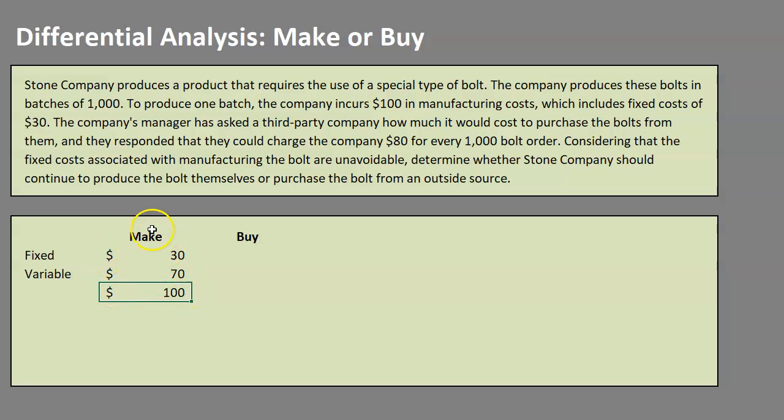Now, keep in mind the nature of fixed and variable. Variable costs are those costs that you incur as you're producing more units of goods. So with every batch that we produce, we are going to be incurring $70 of variable costs. This could be direct materials, direct labor, variable factory overhead, but essentially that $70 is something that we just can't avoid.